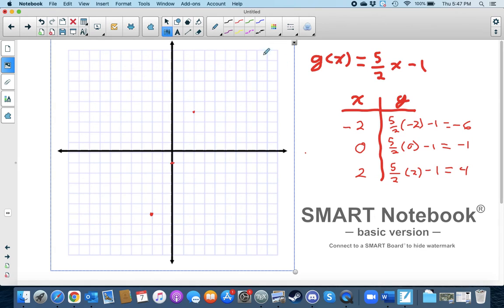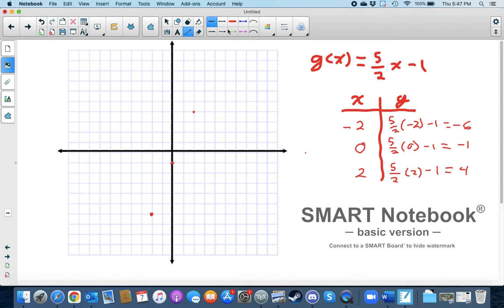Okay, and again, we would just create our line through these points. So, I need to start somewhere. I will start here, and we're trying to go through all 3 of these points, which we do.